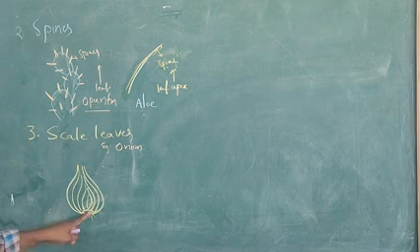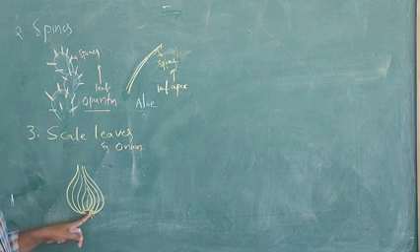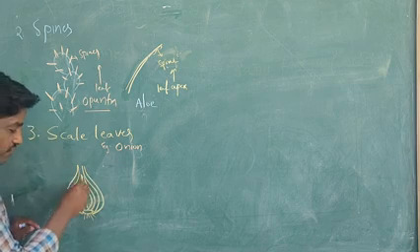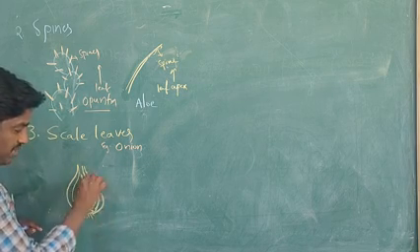The stem is reduced, the reduced stem is present only, that is a stem modification we discussed in the bulb. Here the scaly leaves: leaves are modified to form fleshy leaf-like structures. These store the food material.